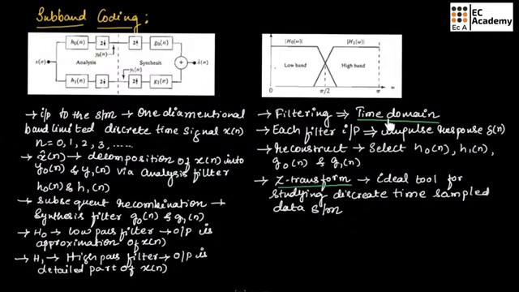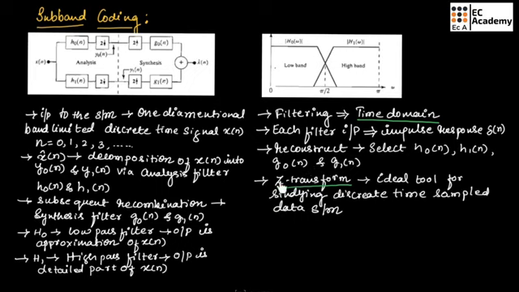All the filtering is performed in the time domain by converting each filter input to an impulse response delta of n. In order to reconstruct the input, we have to select h0 of n and h1 of n along with g0 of n and g1 of n.